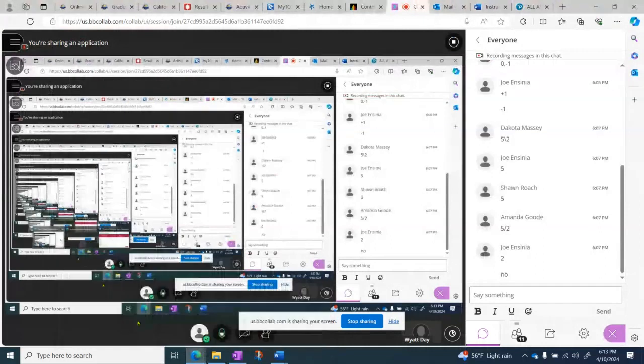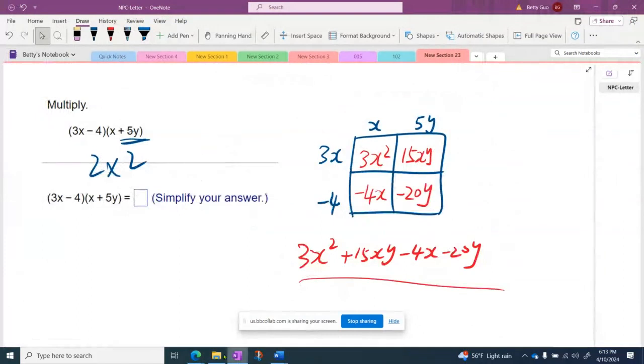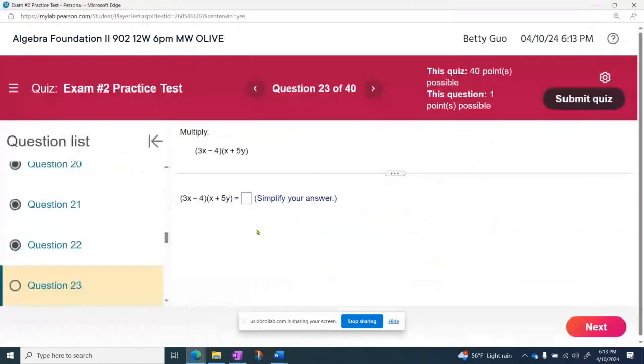Okay, so I can quickly type the answer in here.